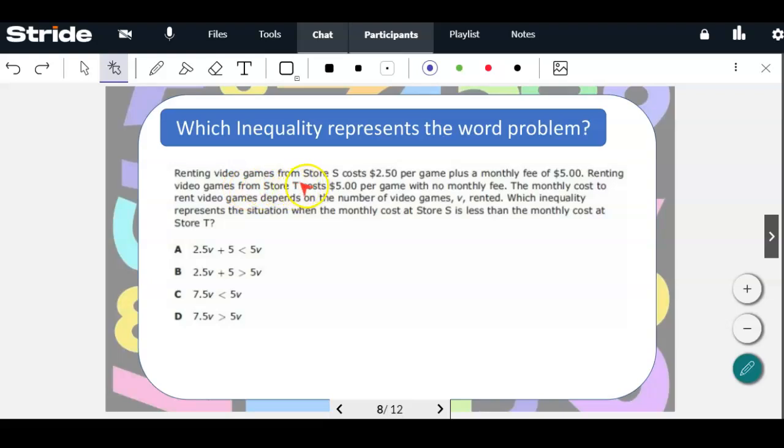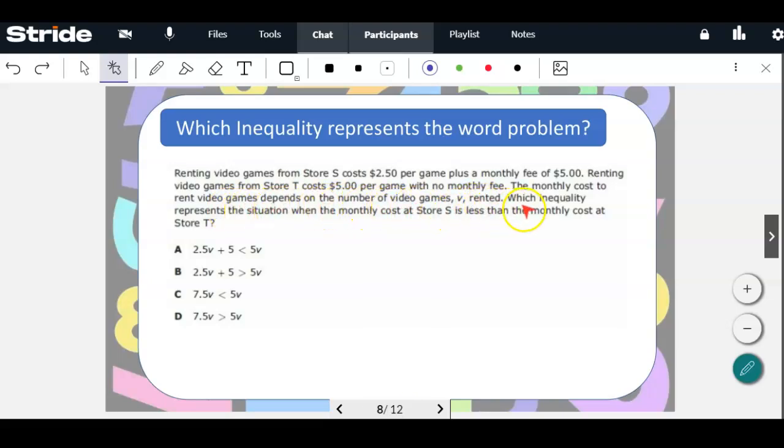So renting games from Store S starts at $2.50 per game plus a monthly fee of $5. Renting video games from Store T costs $5 per game with no monthly fee. The monthly cost to rent video games depends on the number of video games rented.